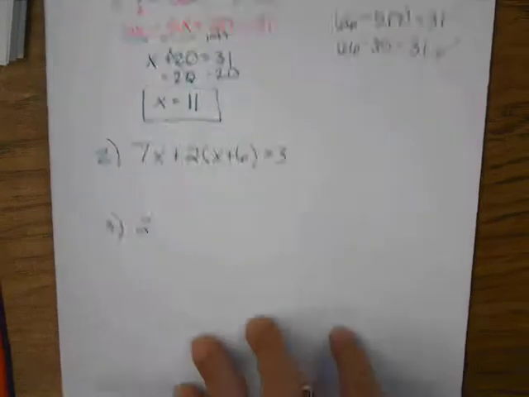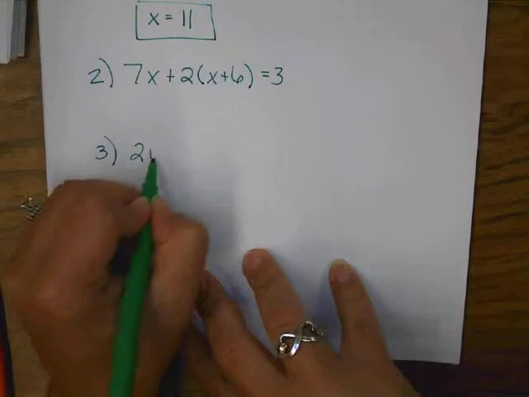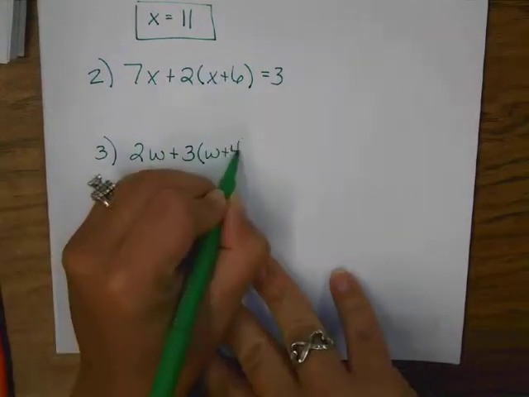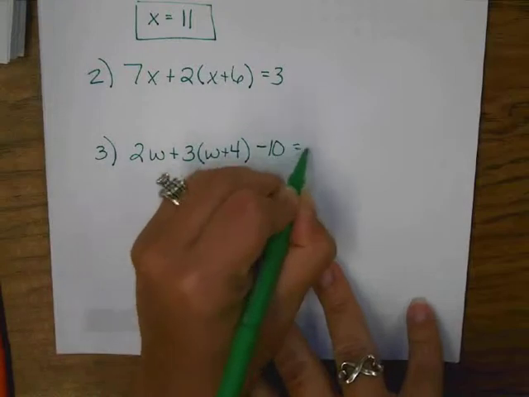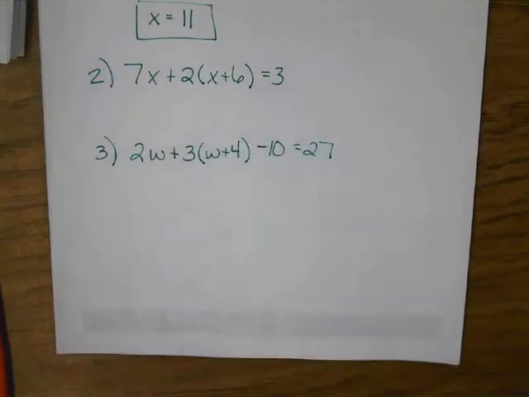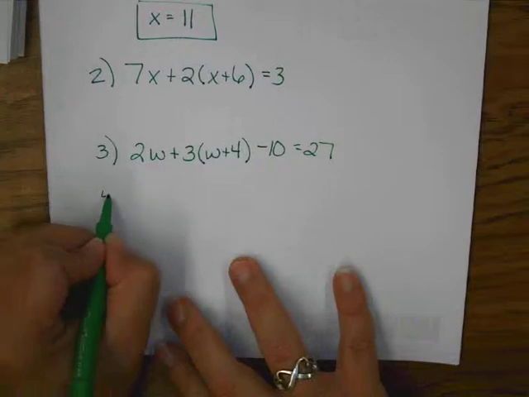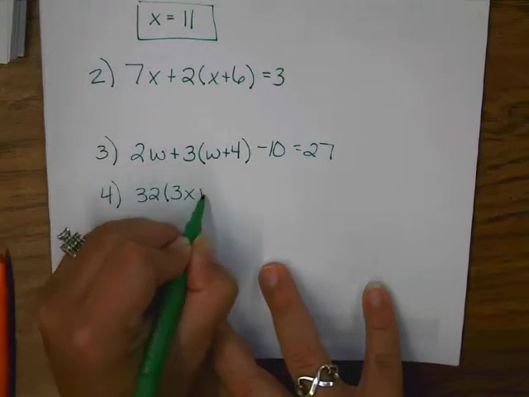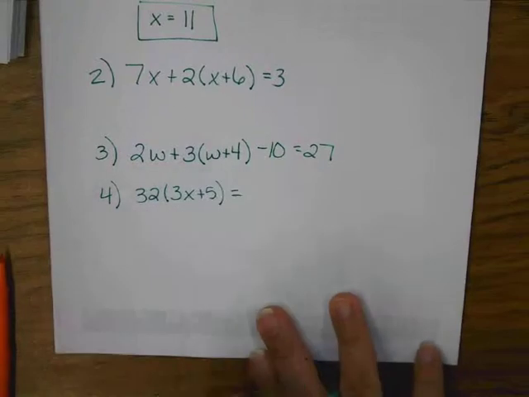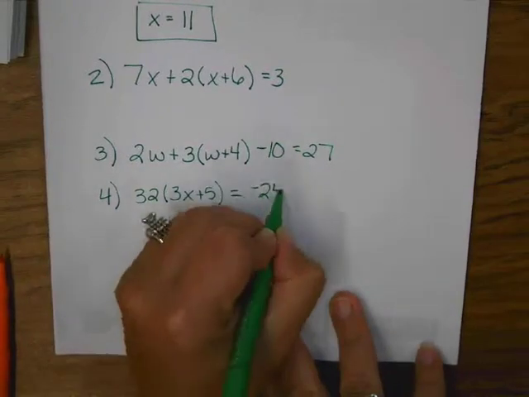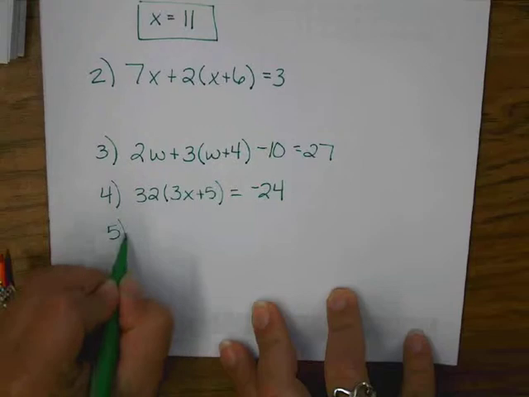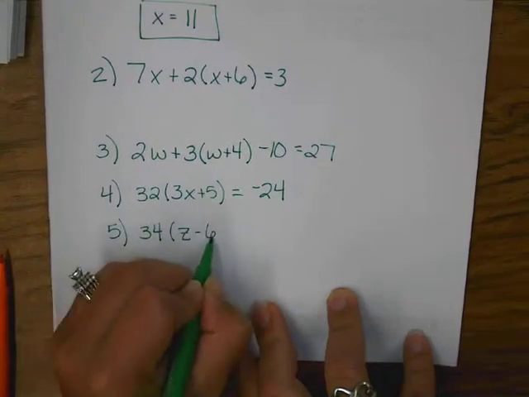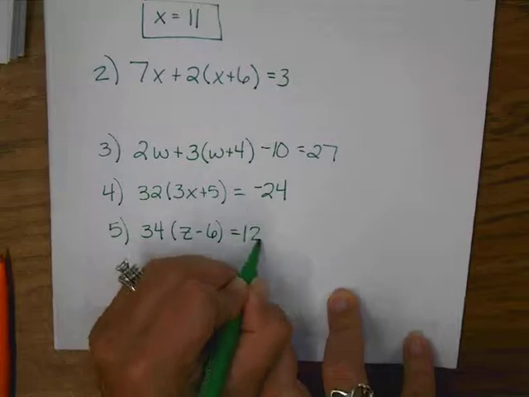Number 3 is 2w plus 3 times the quantity w plus 4 minus 10 equals 27. Number 4 is 32 times the quantity 3x plus 5 equals negative 24. Number 5 is 34 times the quantity z minus 6 equals 12.